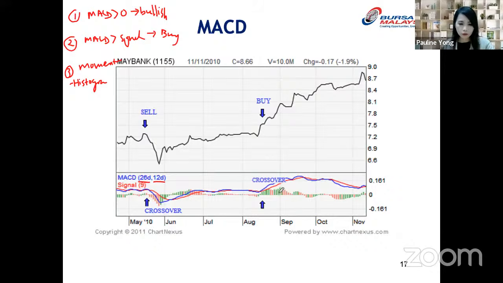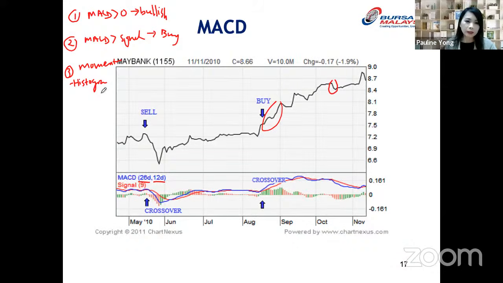Here you also have a tall histogram, so momentum is very steep here. And when you have a down bar here, it means there is some selling here. So this histogram tells you the momentum.